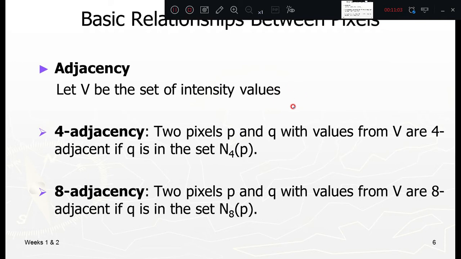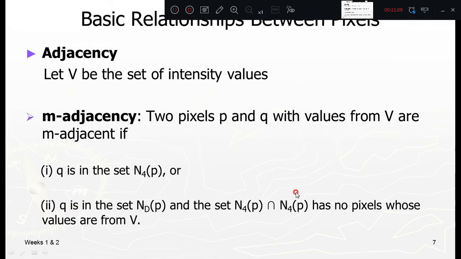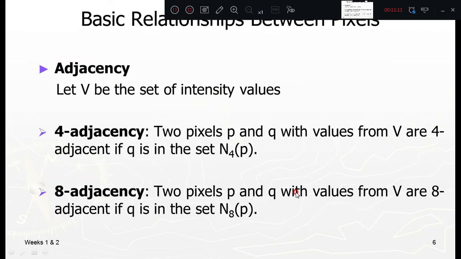Now adjacency will be 4 adjacency, 8 adjacency, then one more we are getting here, that is m adjacency. Now when I discuss 4 adjacency, I consider two pixels, P and Q.